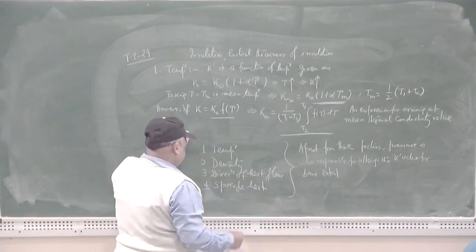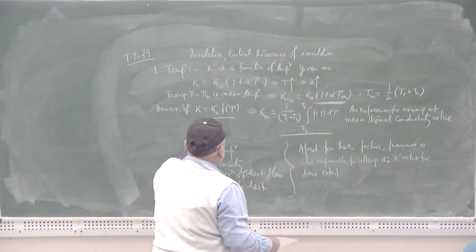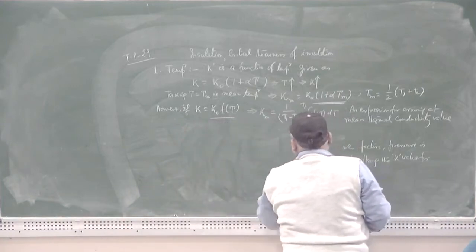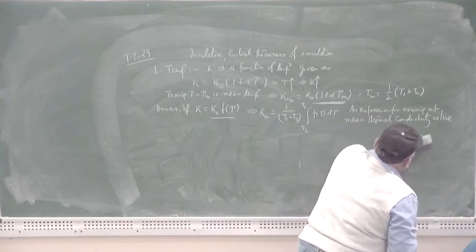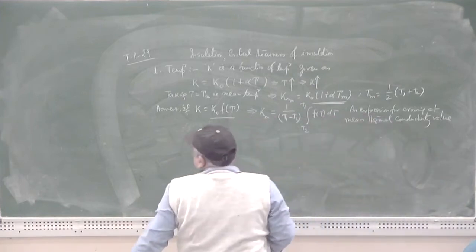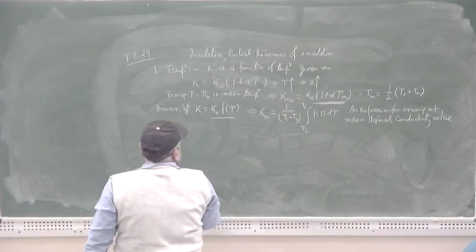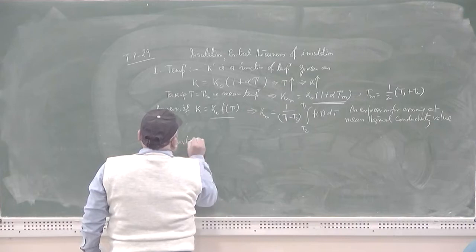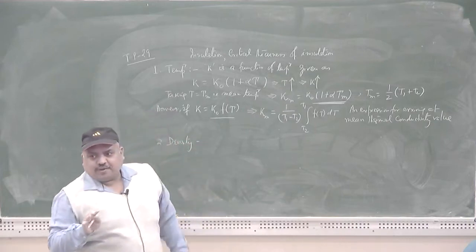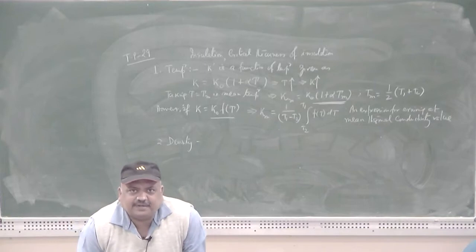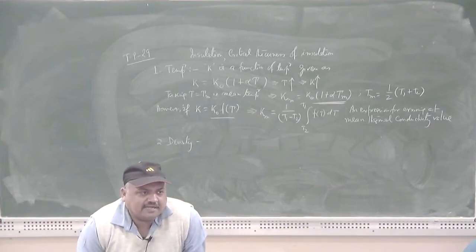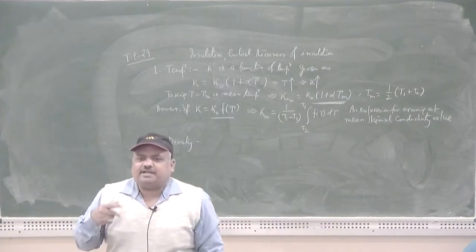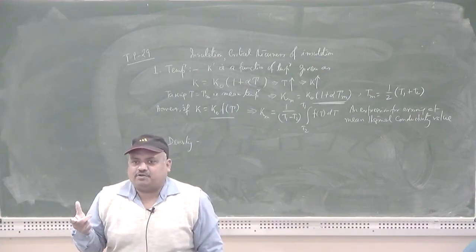Second factor is the density. So far as the effect of density on the thermal conductivity is concerned, no clear-cut guidelines are there to make a conclusion whether a particular density will give the maximum thermal conductivity or not.